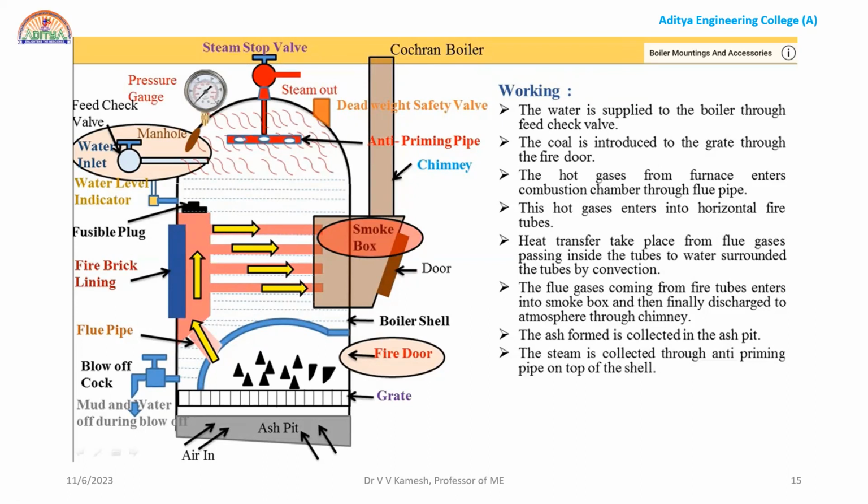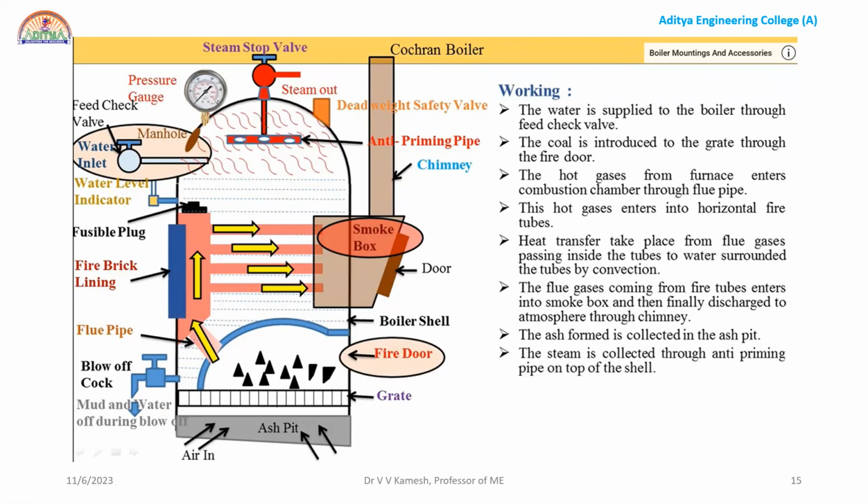And the hot gases, after the burning is over, after the combustion is over, will enter the combustion chamber through the flue pipe, and they will enter into the horizontal fire tubes. Now the heat transfer will take place from the flue gases to the water.